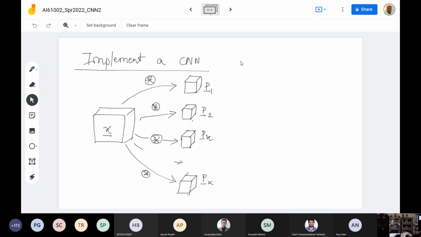So I have X, C cross M cross N, and here each of these Pk belongs to R to the power of 1, C cross H cross W.